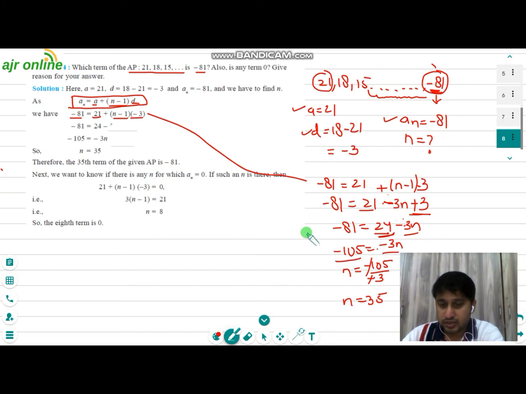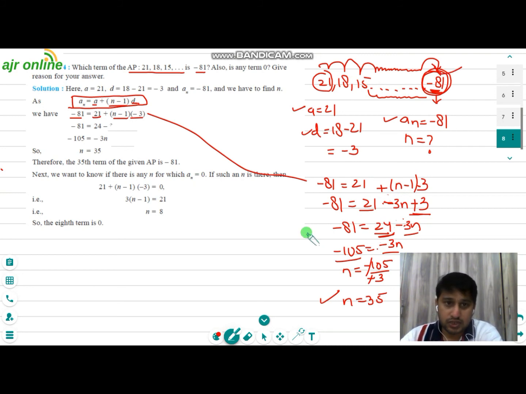It will be minus 3n, and it will be 105 upon 3, minus minus cancel, n will come out to be 35. So it means that at the 35th place it will be minus 81.